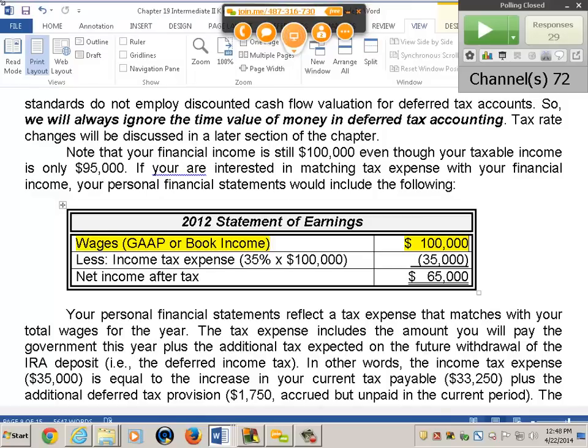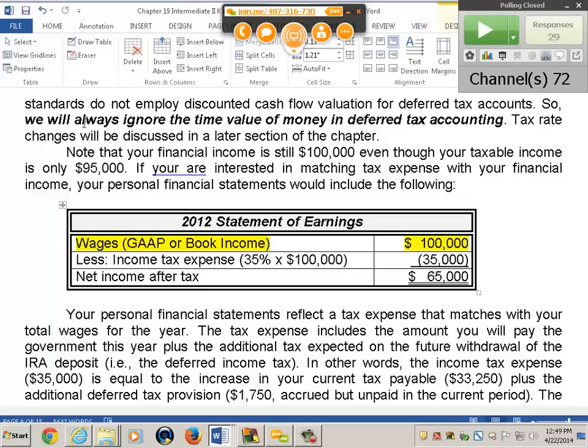So when you look at this now, of course, it works this way that this will be 35% of your book income, but nonetheless, the correct way to do this is to build the current plus the deferred. I will show you when this won't work. I'll definitely point out cases where you just can't take a tax rate multiplied by the book income.